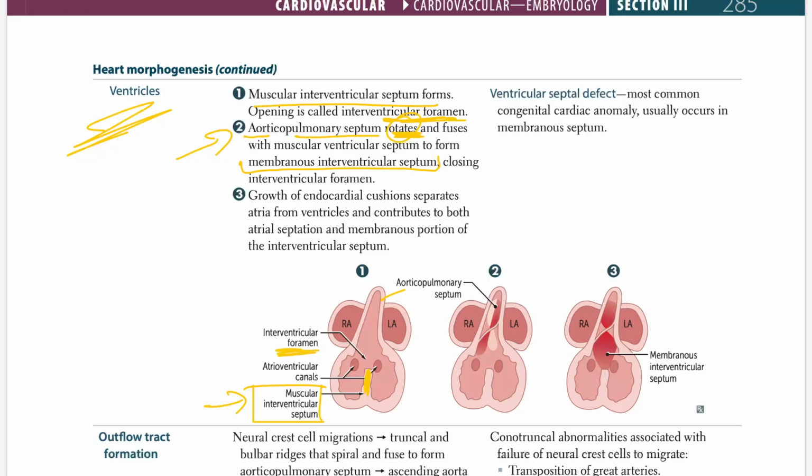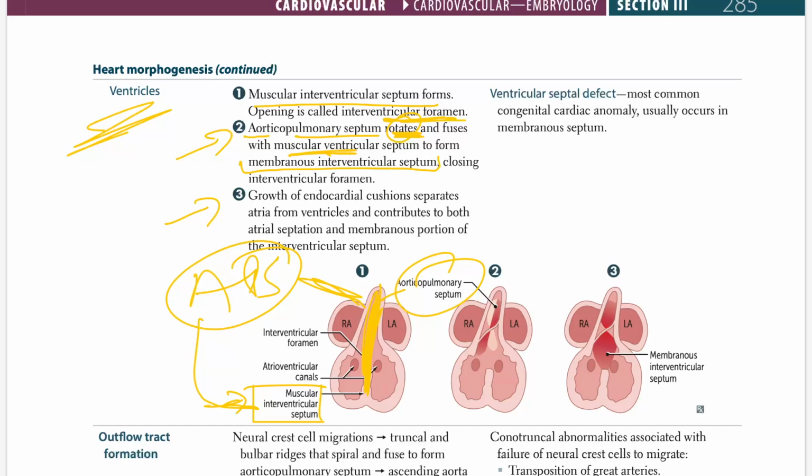Again, aorticopulmonary septum rotates and fuses with the muscular septum, closing out this interventricular foramen. Simple, right?